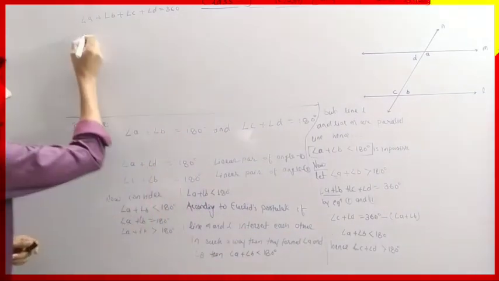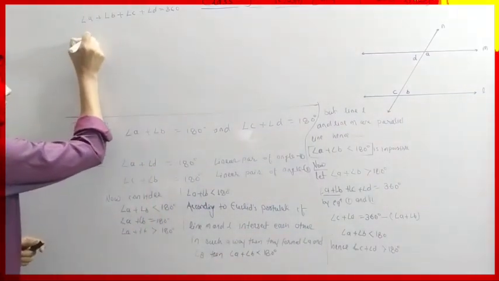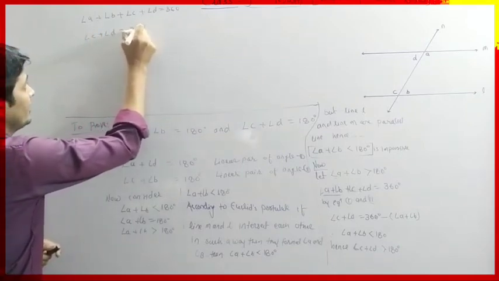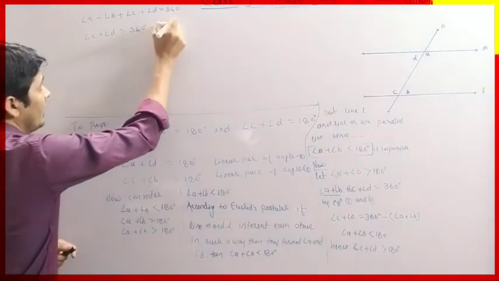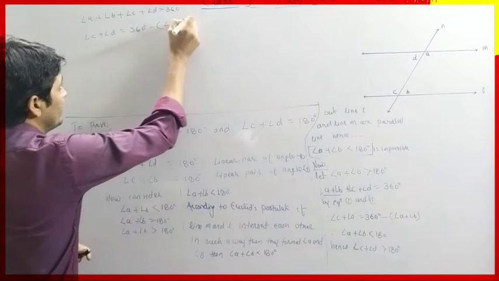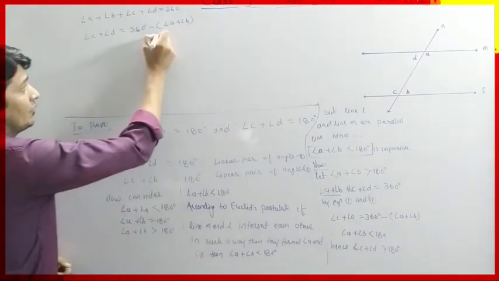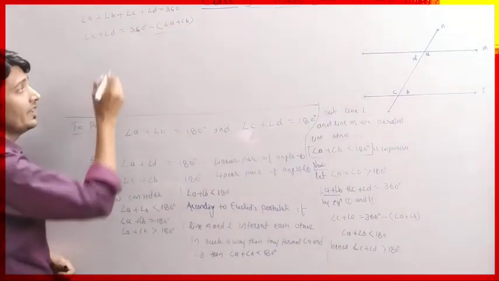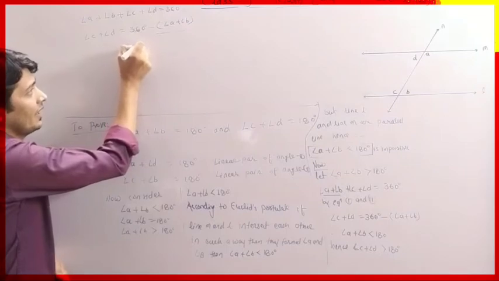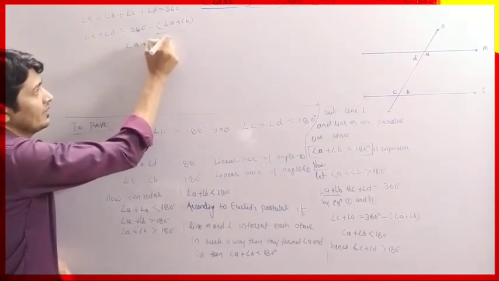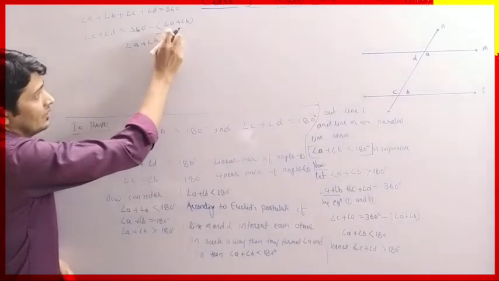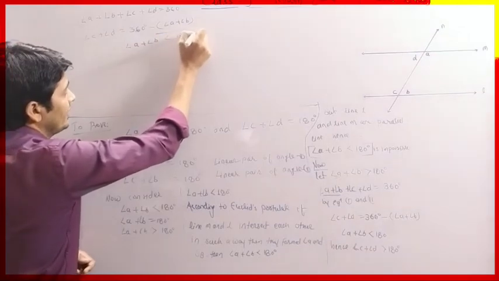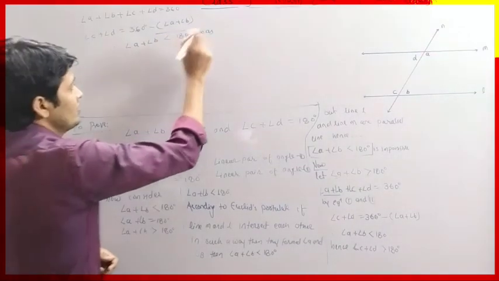And after that we have proven that angle C plus angle D equals 360 degrees minus angle A plus angle B. Since we have already proven that the pair of angles is less than 180 degrees, since angle A plus angle B is not less than 180 degrees, it was impossible.